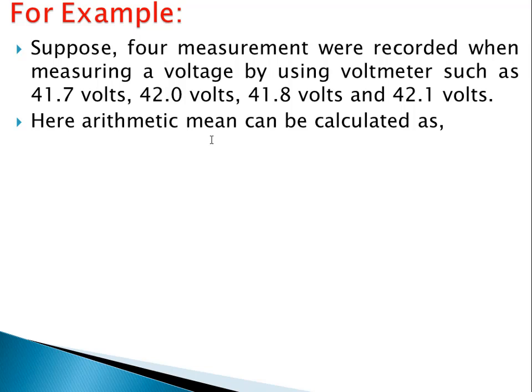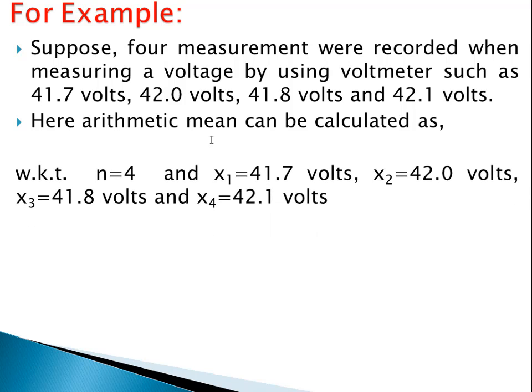So here arithmetic mean can be calculated as, first we know that the total number of readings, that is small n, is equal to 4, and the readings taken, or the values which we have measured by using the voltmeter, are: first reading x1 is equal to 41.7 volts, second reading x2 is equal to 42.0 volts, then x3 is equal to 41.8 volts, and the last reading x4 is equal to 42.1 volts.